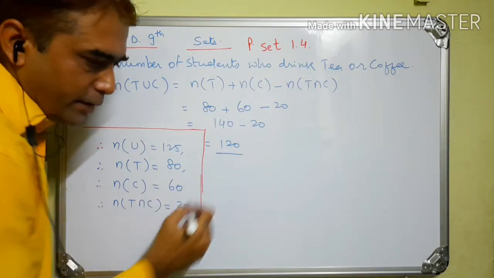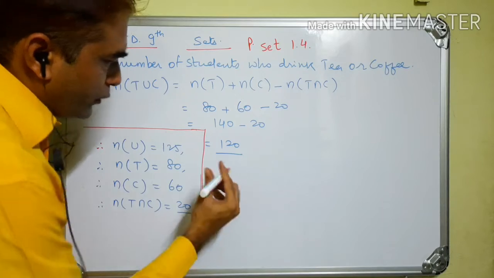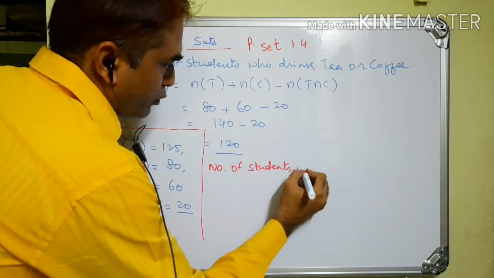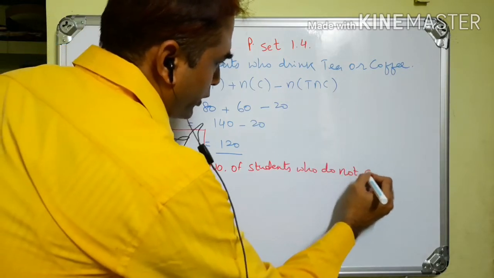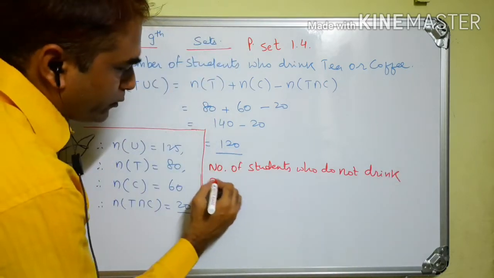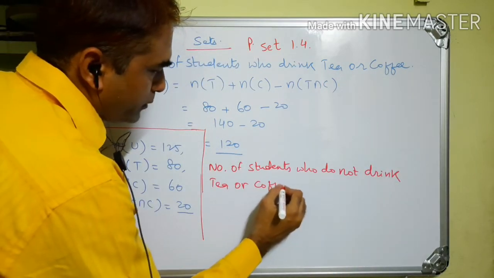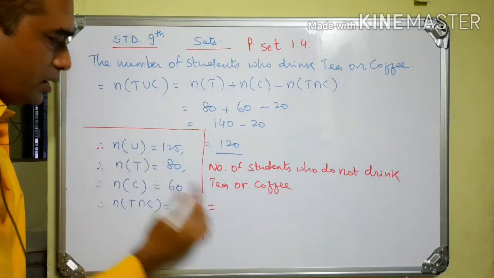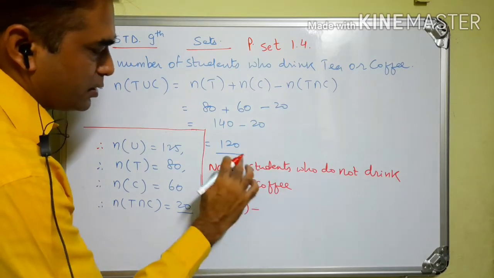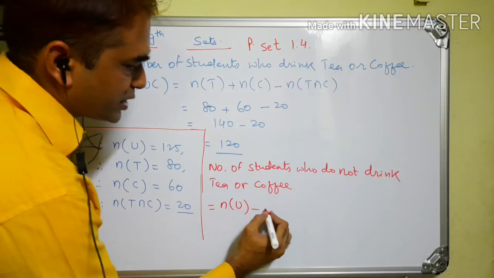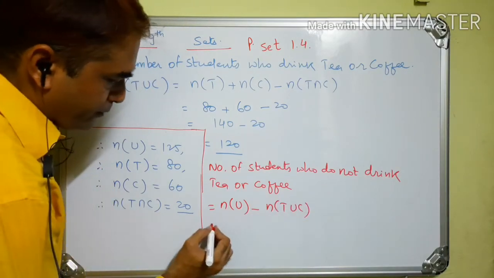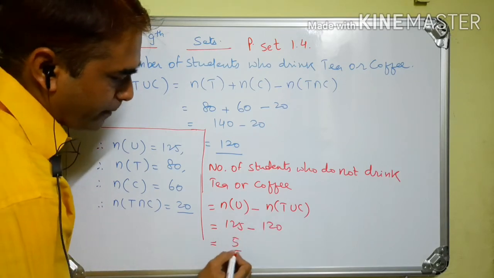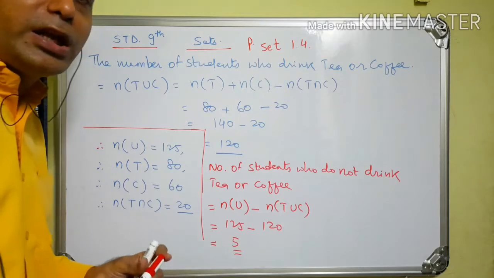So we'll write: therefore, the number of students who do not drink tea or coffee equals the number of elements in set U minus the number of elements in set T union C, which equals 125 minus 120 equals 5. 5 students are there who do not drink tea or coffee.